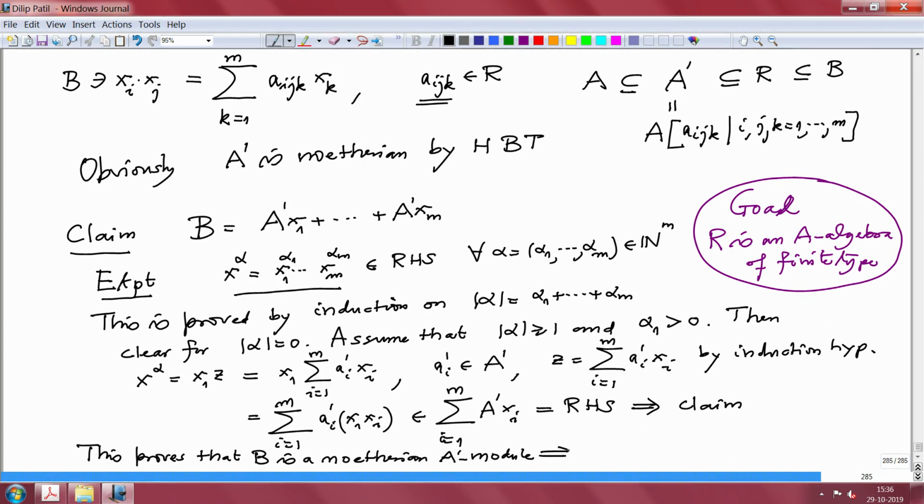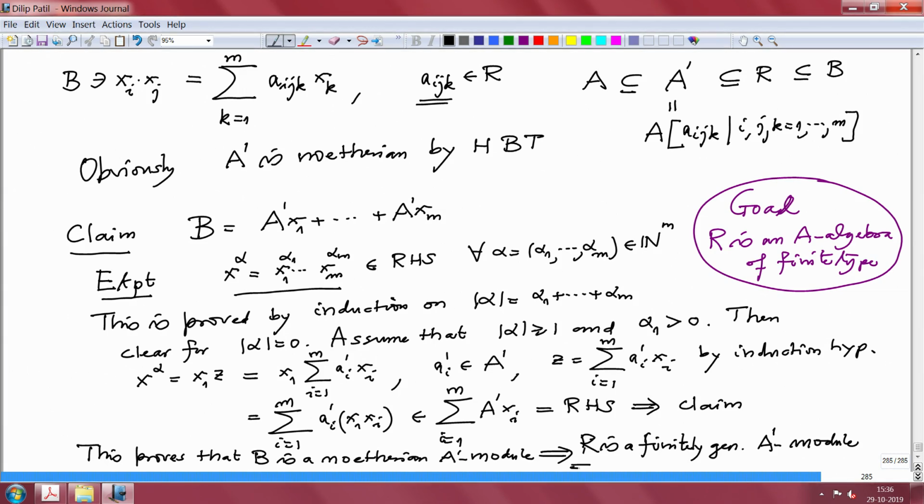So that implies R is a finitely generated A prime module. But this A prime is a finitely generated A module, and this is a finitely generated A algebra. Therefore, altogether R will be a finitely generated A algebra.